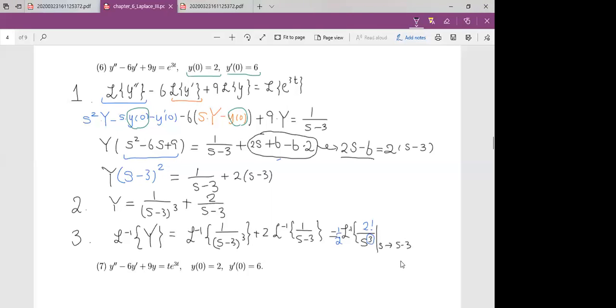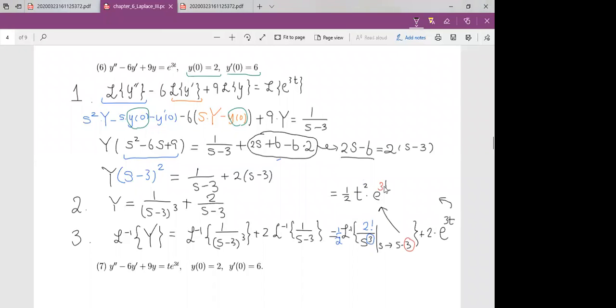Okay, and then the second term is obvious, plus 2 e to the 3t from the table. Good, just one more line. So it's going to be half. The inverse of this is t squared. And then this replacement will give you an extra exponential function. Let me use color. This -3 and 3.